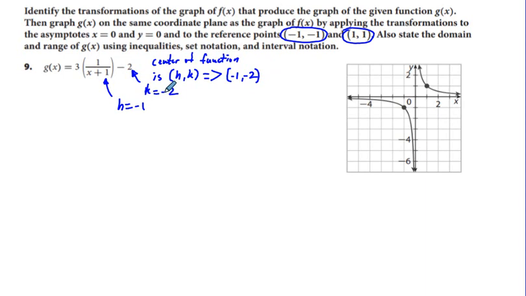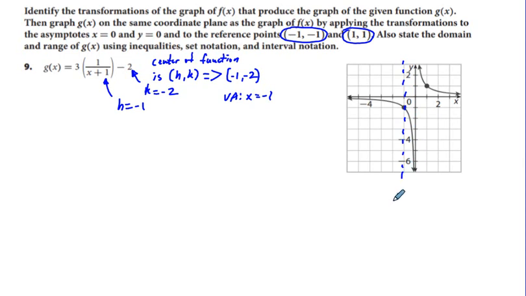And so that is going to describe our vertical and horizontal asymptotes. We're going to have a vertical asymptote with the equation x equals -1. And so I can draw this little dashed line down below.